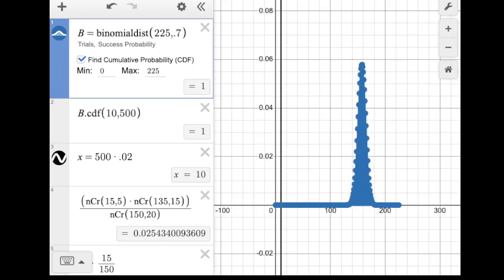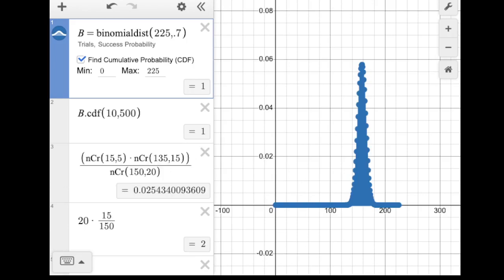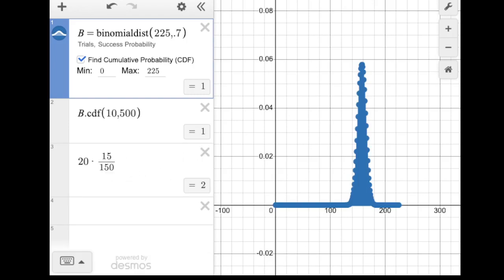This is what our distribution looks like. Notice the probability of success is 70%, so it's shifted over to the right a little bit, where that peak is.